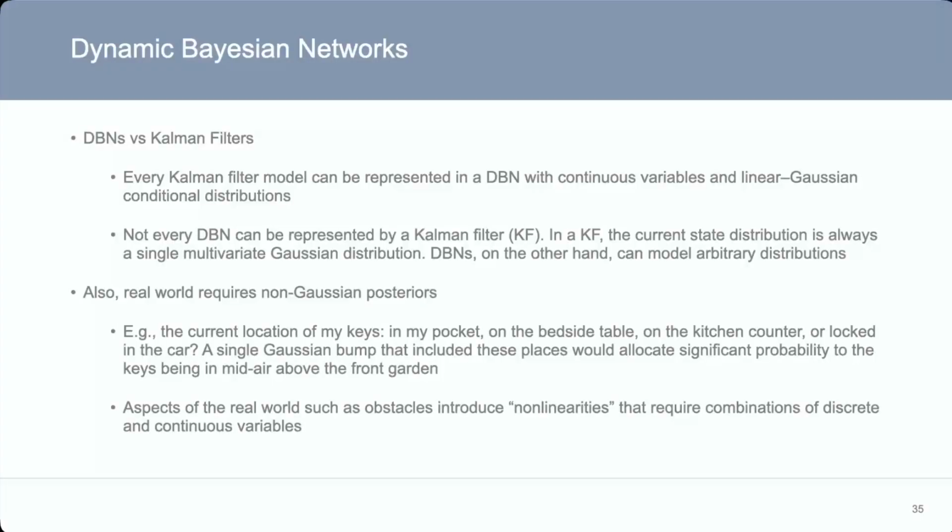And hence, there are aspects of the real world, such as obstacles, that introduce non-linearities, and that requires the combination of discrete and continuous variables, and that is why we need dynamic Bayesian networks.